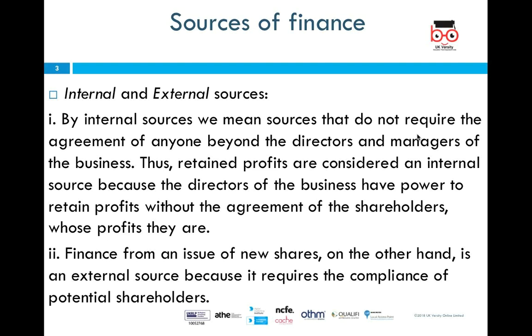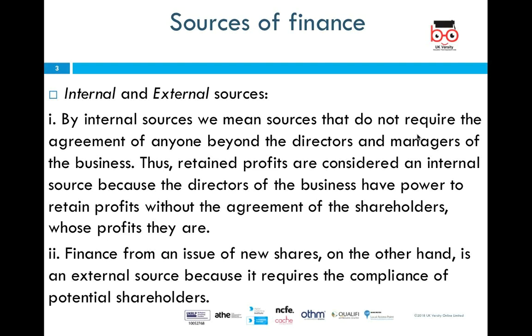Retained profits, that's the profit you keep for the next year, are considered an internal source because the directors of the business have the power to retain profits without the agreement of the shareholders. So if we retain the profit for the next year, that's the basic internal source.